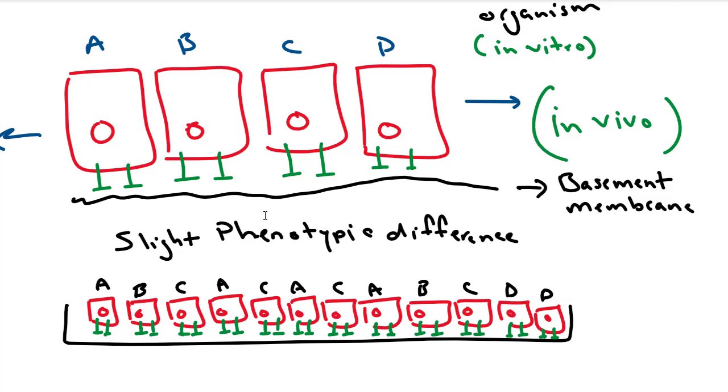So when I grow these in culture, they will replicate. So one cell will give 2 cells, 2 cells will give 4, but in this case, what do I have, a ratio? I have 1, 2, 3, 4, 5, 6, 7, 8, 9, 10, 11, 12. 12 cells here. So 1, 2, 3, 4 A's, 2 B's, and C's I have 1, 2, 3, 4, D's 1, 2.